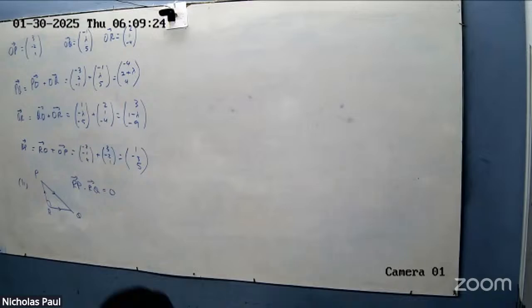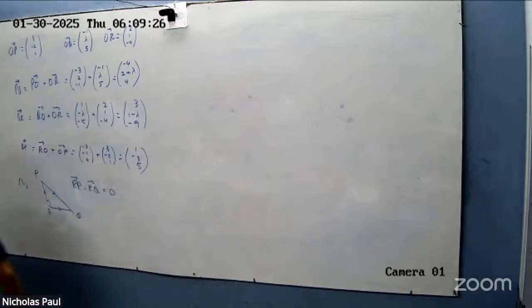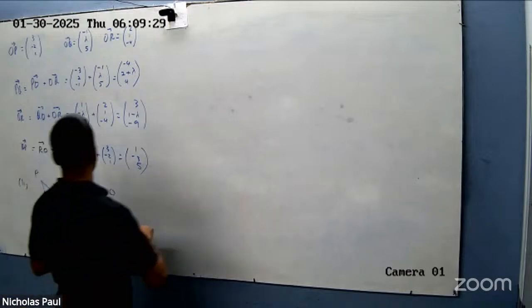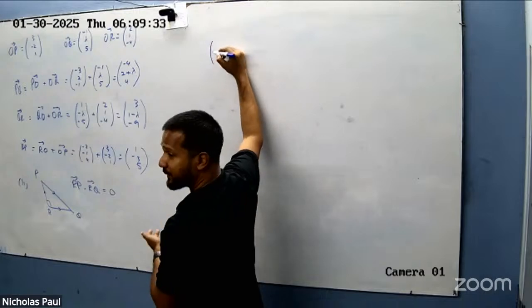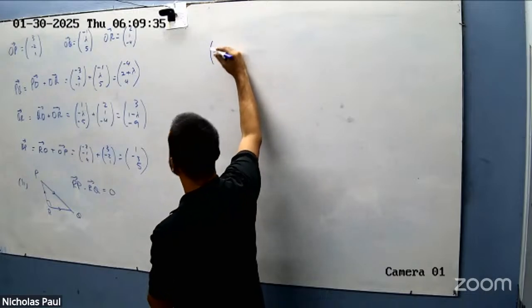Fifteen, all right, nice. You got 15, so finish it up. RP is minus 15.